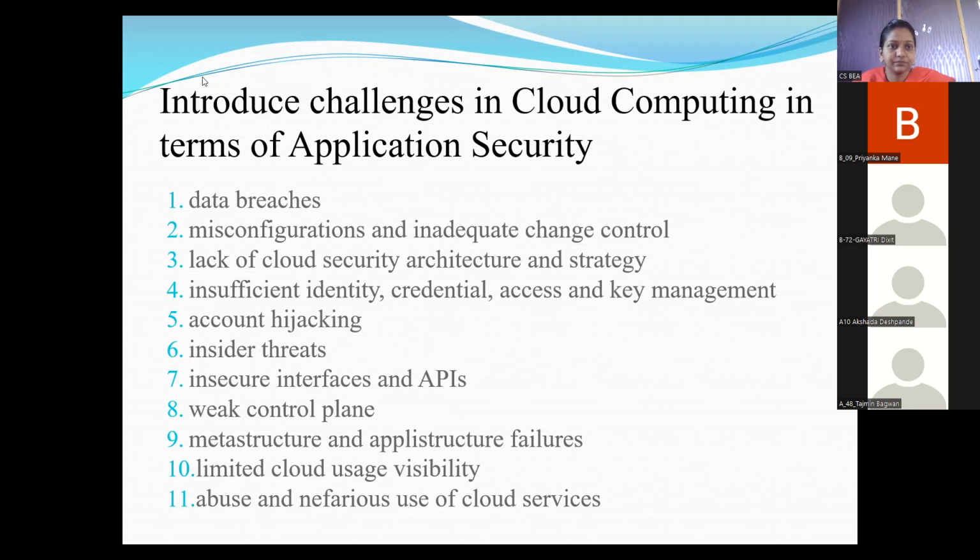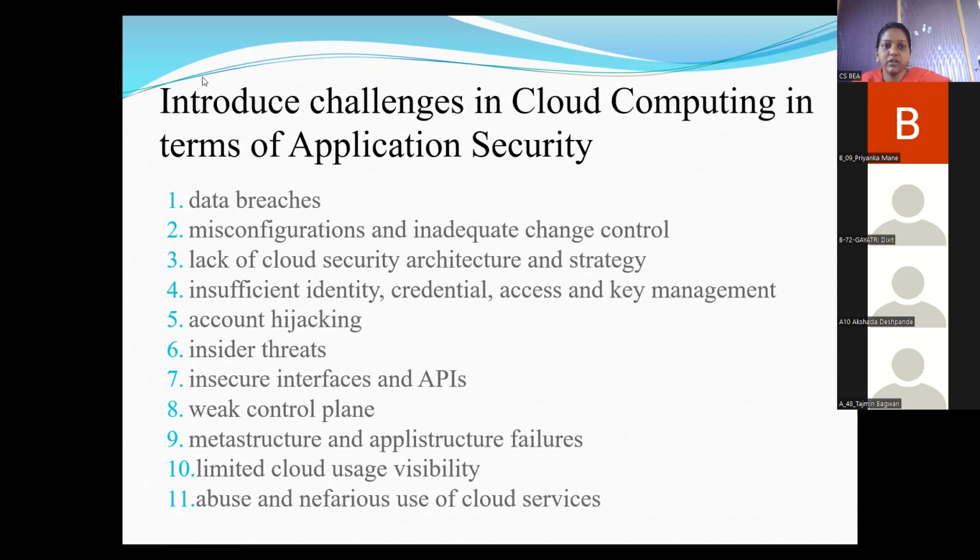the challenges. If we check the companies and their scenarios, all the major promises of the cloud are improved IT efficiency, flexibility, and scalability.